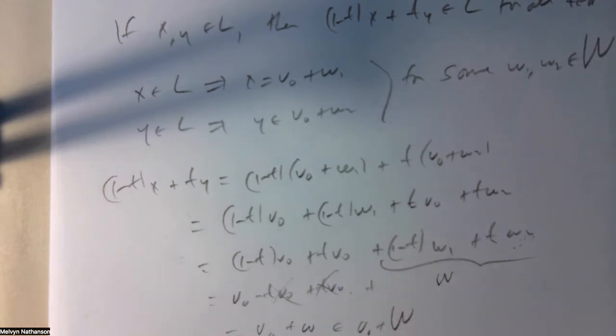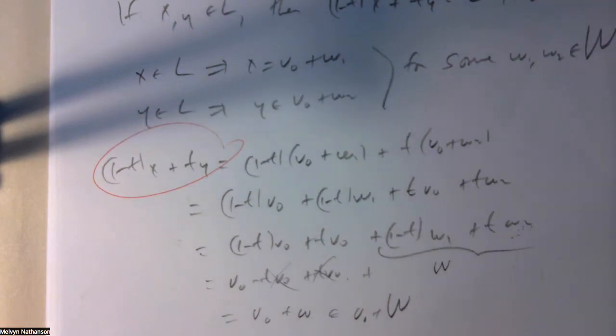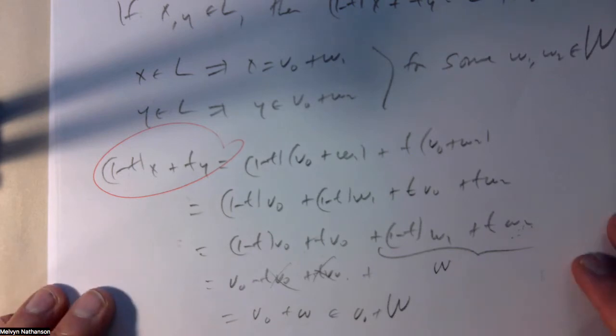I get V naught plus w, which is in V naught plus W. So this linear combination of the vectors X and Y, where X and Y are in the affine subspace, stays in the affine subspace. That's part A, and part B is just the generalization of this to sums of more than two vectors, but this is the essential part.